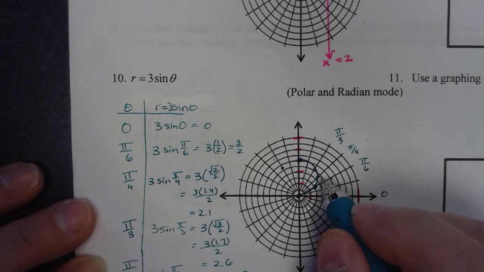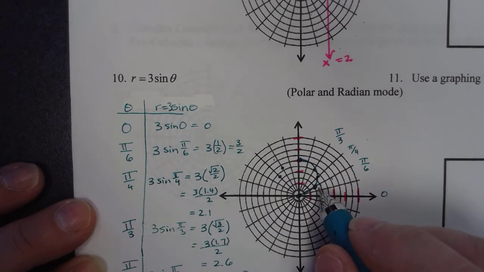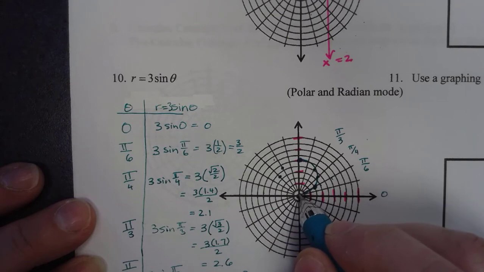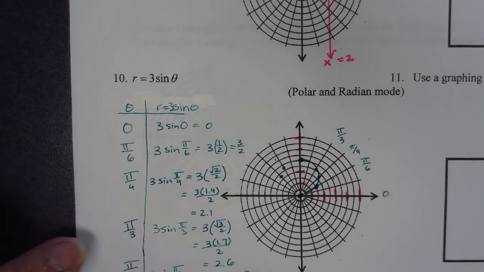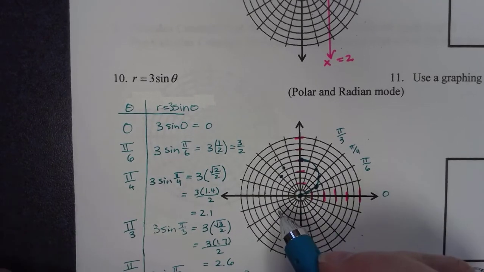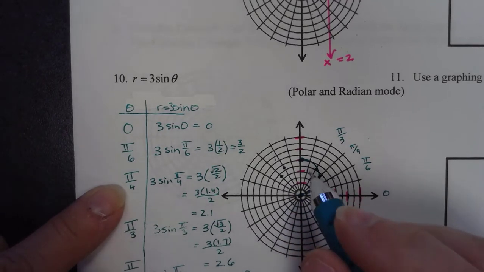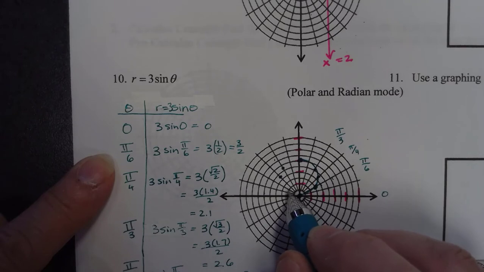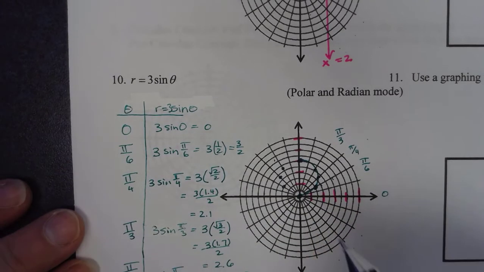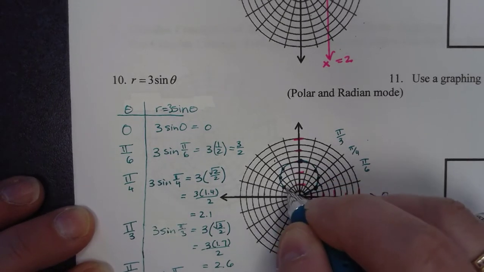Okay. On the pi over 4, it's going to be about here. On the 5 pi over 6. So at 2 pi over 3, we're going to be also at about 2.6. At 3 pi over 4, we're going to be at about 2.1. And at 5 pi over 6, we're going to be at 1.5, 3/2. And when we get back to pi, sine of pi is 0. So here is, I get a circle.